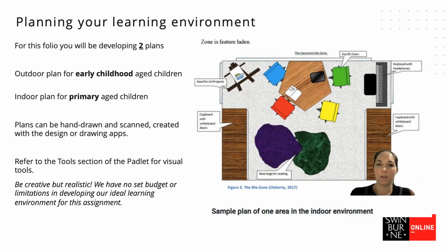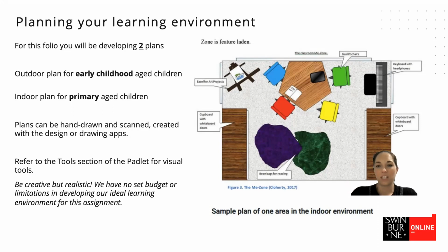Or you might feel that you have lots of great ideas and you want to illustrate the whole room, and so you're going to give us a picture of the whole room in your plan. So that is up to you. Again, this is just one example to show you how it can be done. Obviously, there are many other ways.